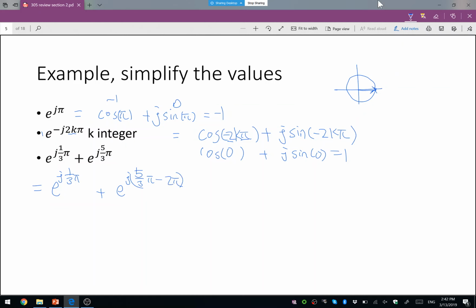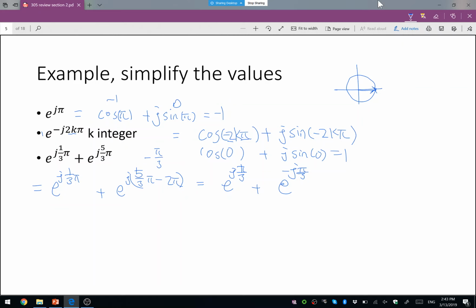Because it's periodic, it does not change the number. So this one becomes negative pi over 3. So this one becomes e to the power of j pi over 3 plus e to the power of minus j pi over 3.